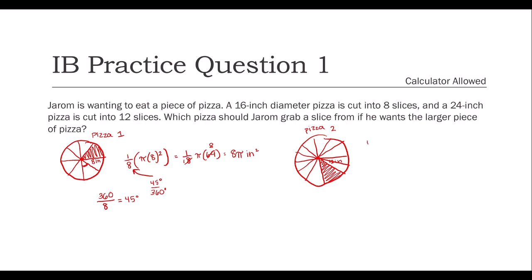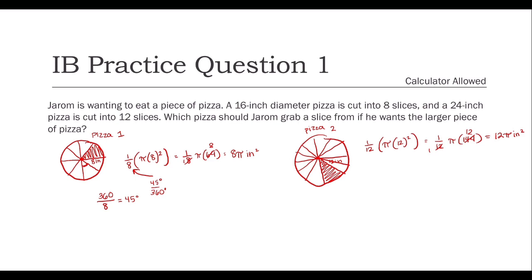So we have 1/12 of the pizza times pi r squared, which is 12 squared. So this is 1/12 times pi times 144. 144 and 12 simplify to 12 and 1. So this would be 12 pi inches squared.